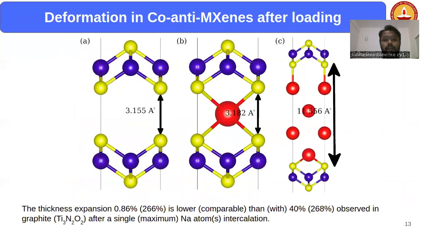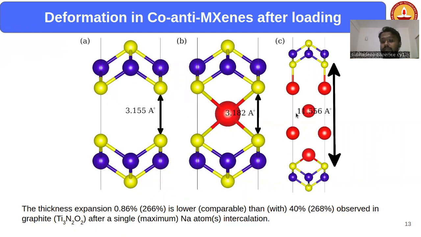Next, we have performed another calculation to check the deformation for the sodium metal atom insertion. For the single sodium atom insertion, the layer thickness actually expands up to 0.86% only, and this is very low compared to the single sodium atom insertion in graphite, which is around 40%.